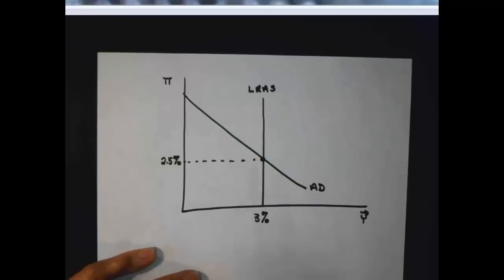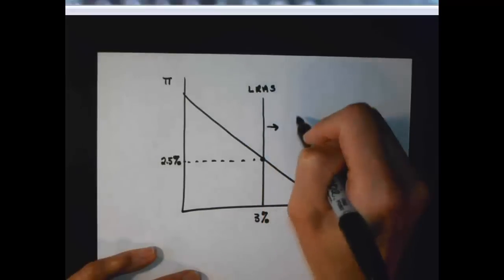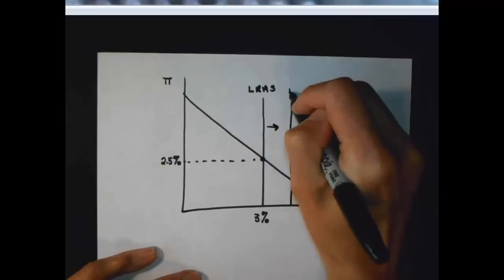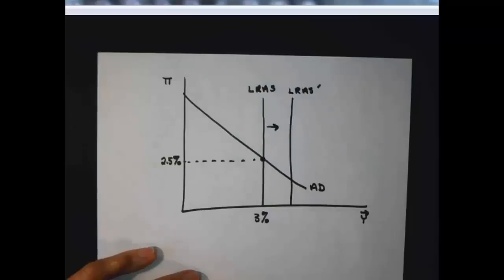Now, let's suppose in the course of the next few years we have a series of positive and negative economic shocks, real shocks to the economy. But on net, the shocks result in positive economic growth. So we have enough real shocks to compensate us for the negative shocks, and so the Solow growth curve shifts out to the right.